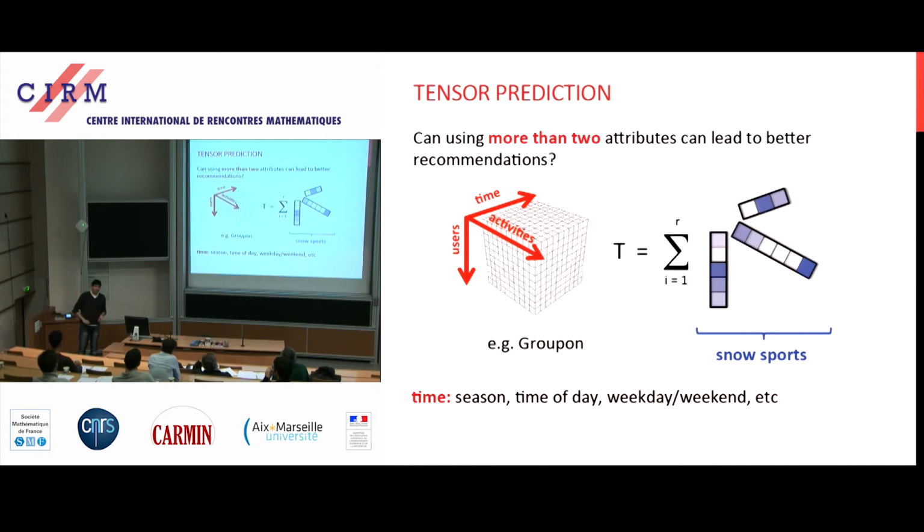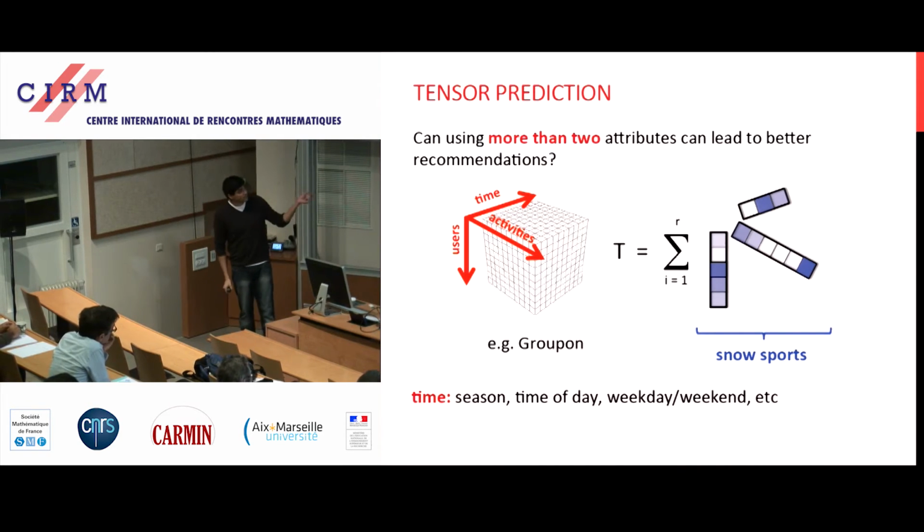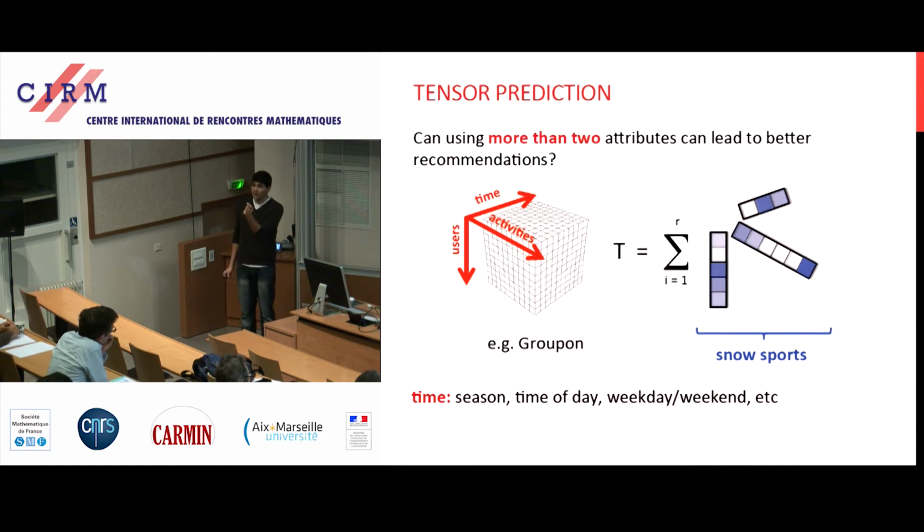And the entry in that vector is then just some intensity of how much is this user interested in snow sports, how much does this activity appeal to someone interested in snow sports, and how much is this time period appropriate to actually recommend snow sports to someone.